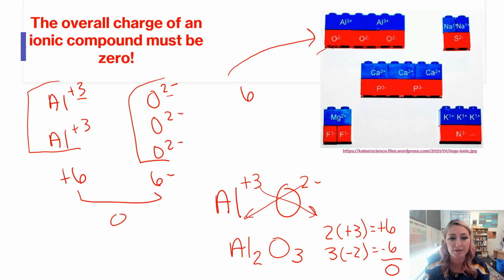I can always double check my work. And again, we're going to go into more of this, but I want you to think about this idea that the charges have to add up to numbers. The positive charges have to cancel out the negative charges. And what is the proportion or the ratio of these that we need to have to each other?